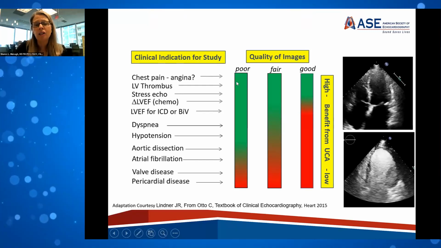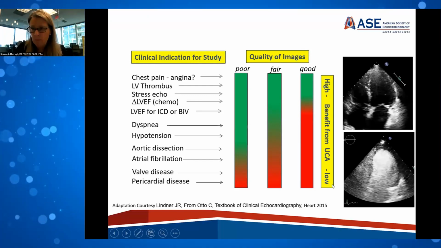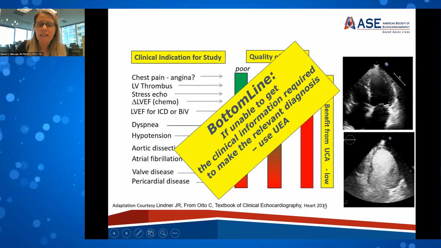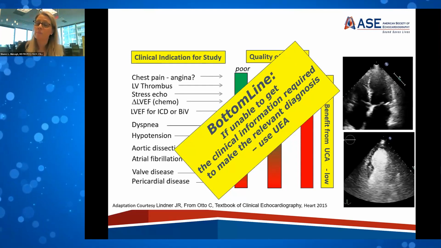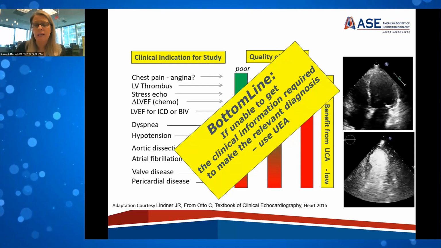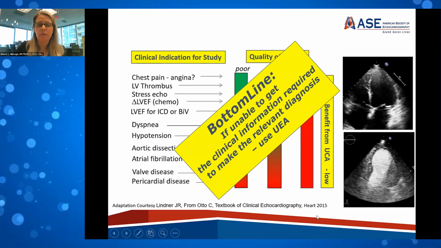It's not just what the quality of the image is, but also how much benefit you're going to get potentially from the ultrasound enhancing agent. So the bottom line is, if the clinical information is pointing you in the direction that you're suspecting a diagnosis or you need to rule out a diagnosis, and you're unable to get the information, then that's when you should think about using ultrasound enhancing agents.